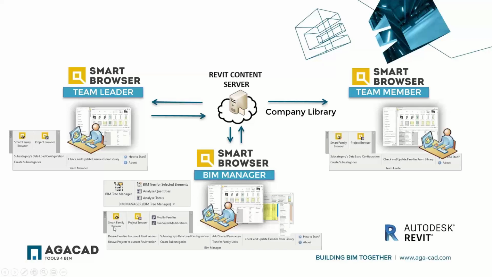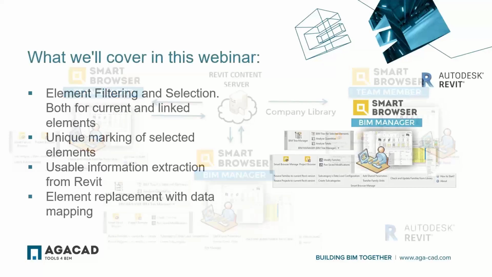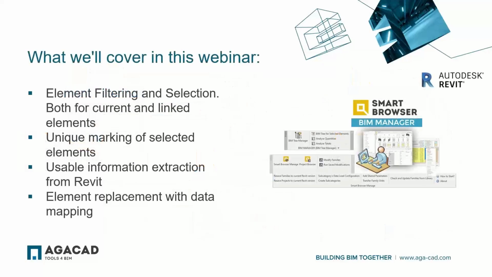So if the Smart Browser is dedicated to working with the families outside of the project and preparing your work for the future, BIM Tree Manager already deals with the current project and elements currently present in the project. And in this webinar, we will cover some of its functionality, that being element filtration and selection, both for current and linked elements.